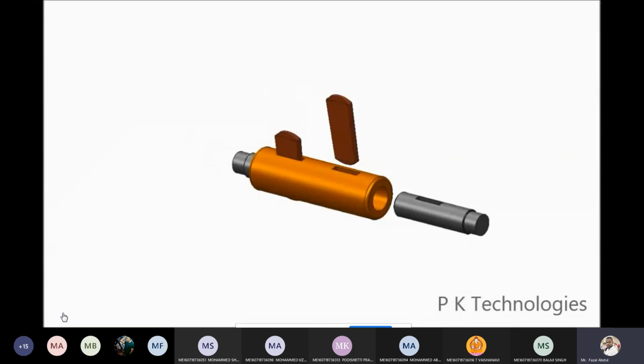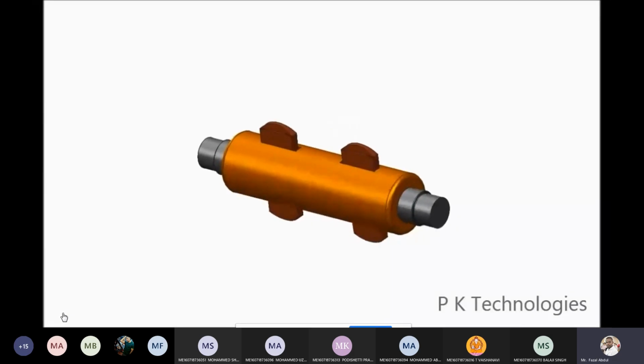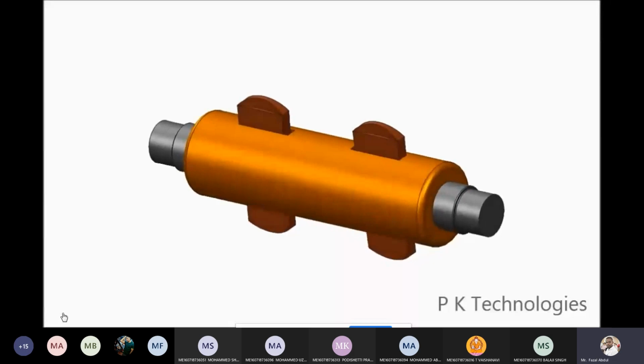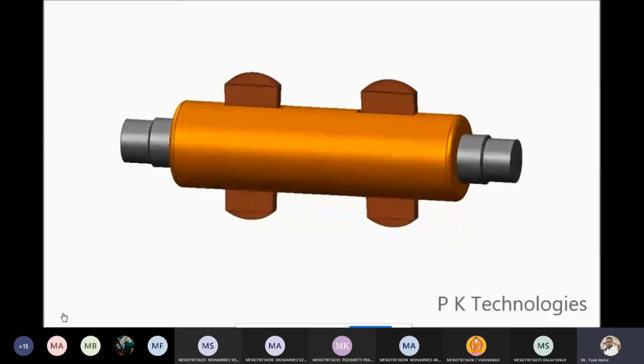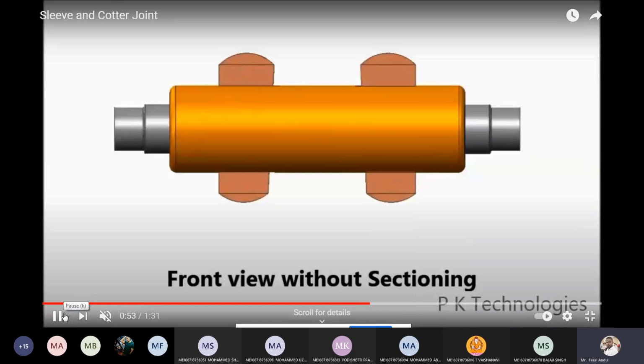Then whenever both slots are matched, the quarter is inserted. So this sleeve and quarter joint is used to connect two coaxial circular rods for temporary joining purpose.